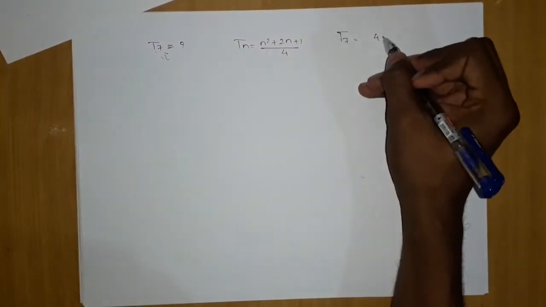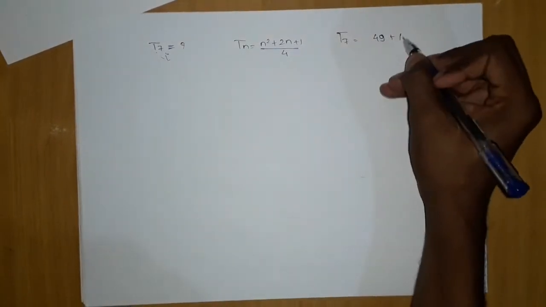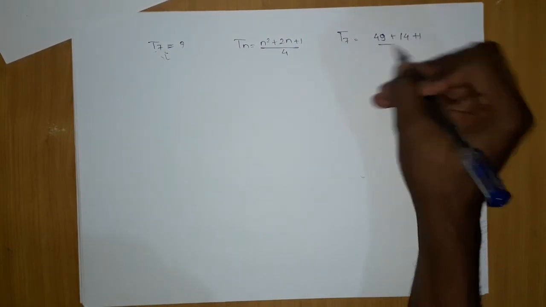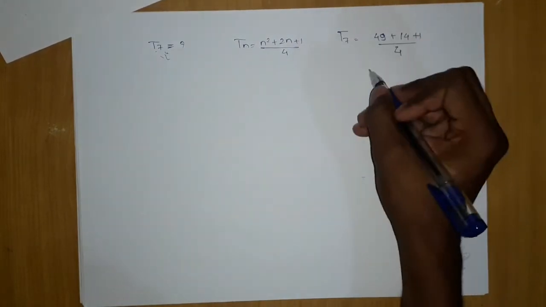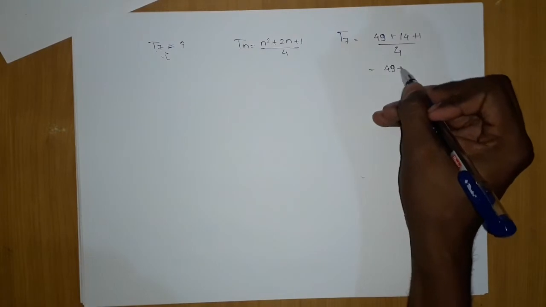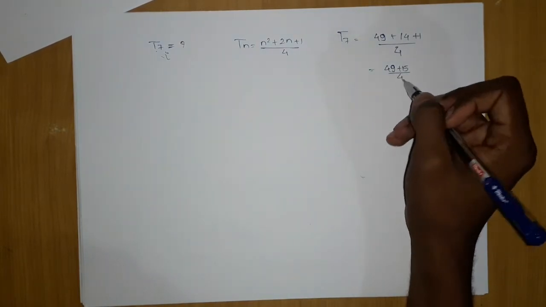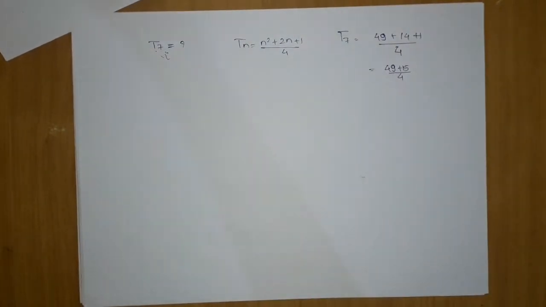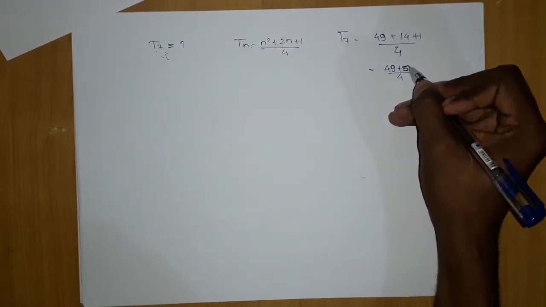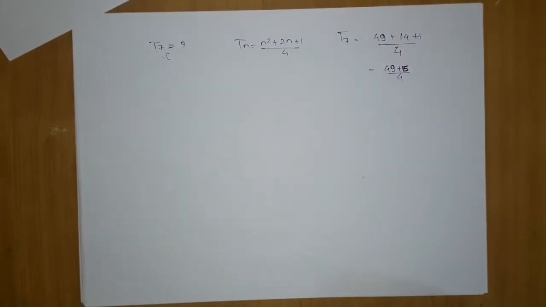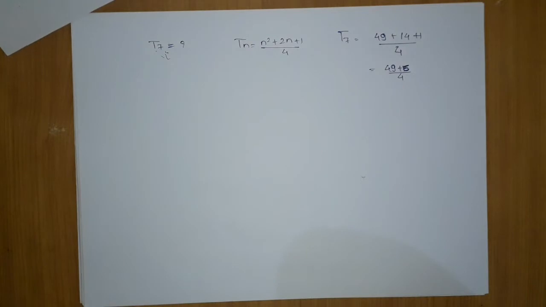This is 49 plus 14 plus 1 upon 4. So here it will become 49 plus 15 upon 4, giving me finally, let me check, calculate.